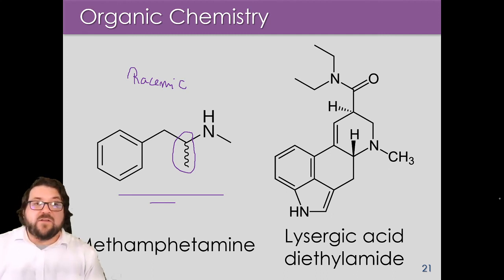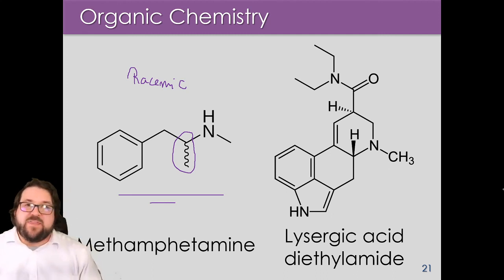But otherwise, the structure is relatively simple. And then over here on the right-hand side, we have lysergic acid diethylamide. That's LSD. And again, look how complex that structure is. But that structure too basically goes into your bloodstream, gets into your brain, interacts with certain parts of your brain, and causes hallucinations, right?